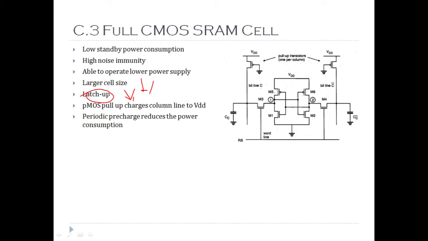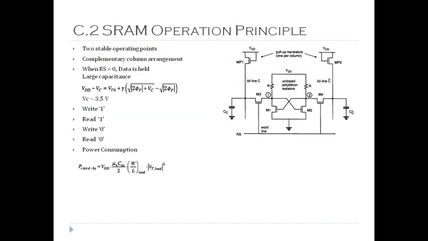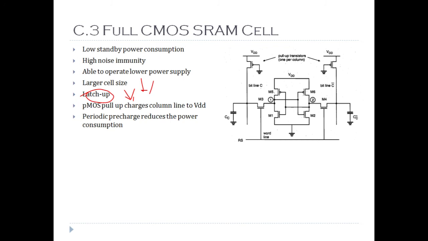In this case, you can see in the earlier case in the resistive load there was a pull-up NMOS transistor, but here it is pull-up PMOS transistor, and they are connected to the ground.